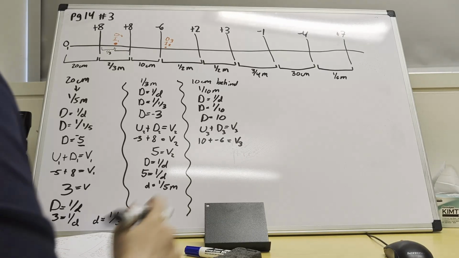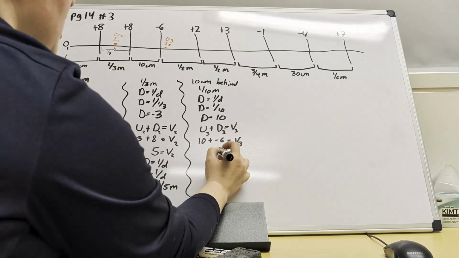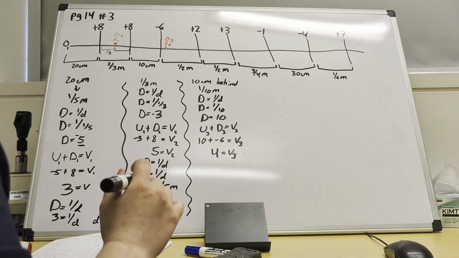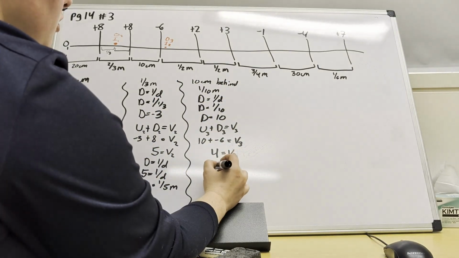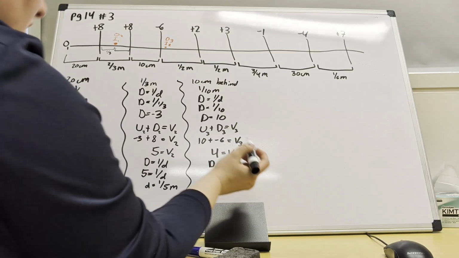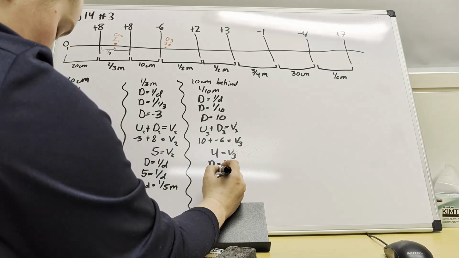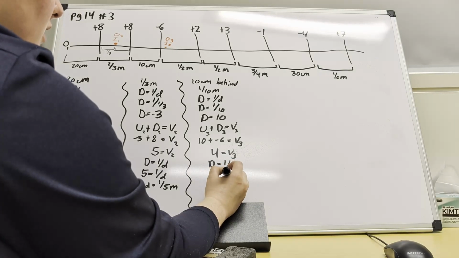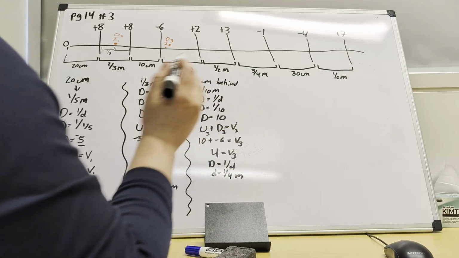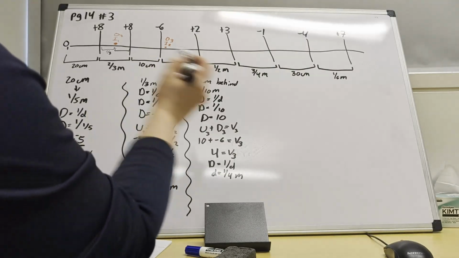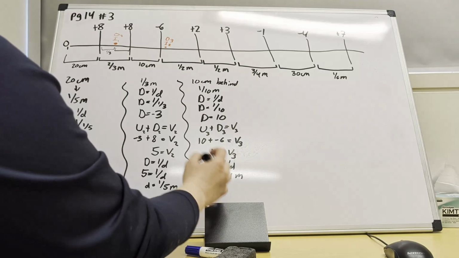When we solve this, we come out to a +4 equals V3. If we then go through diopters equals 1 over distance, we are then going to come up with 1/4 of a meter. It is still going to be positive, so that means we are behind lens 3.